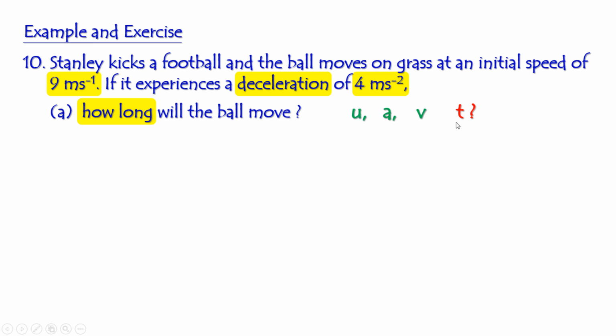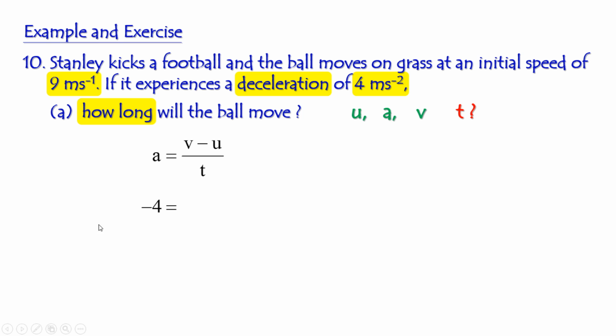So which equation should you use? You should use equation 2, right? And the acceleration is 4. It should be minus 4 because it is a deceleration, not an acceleration.